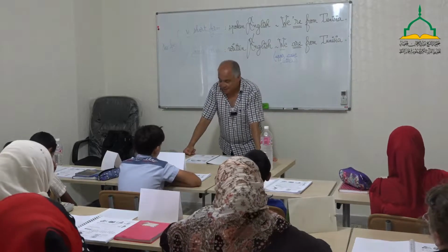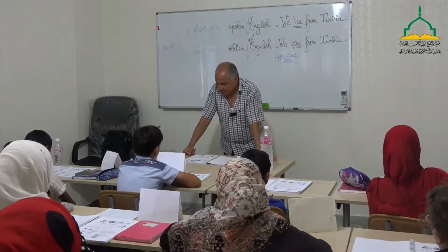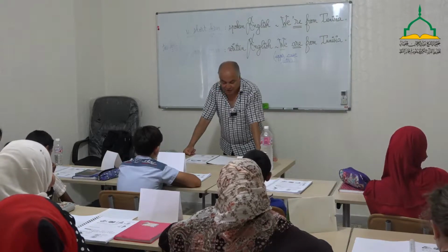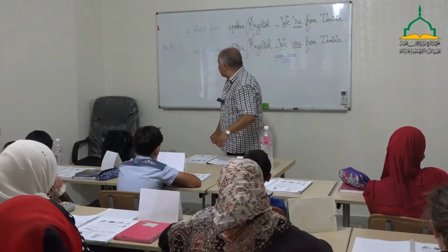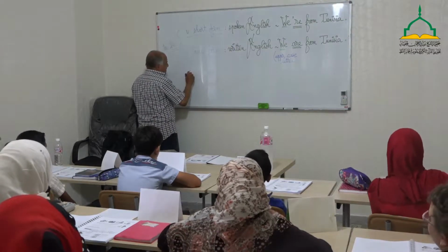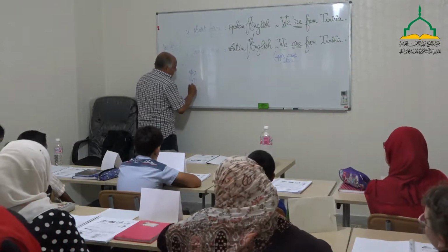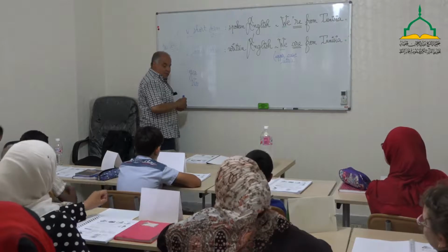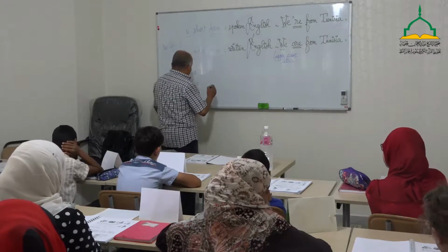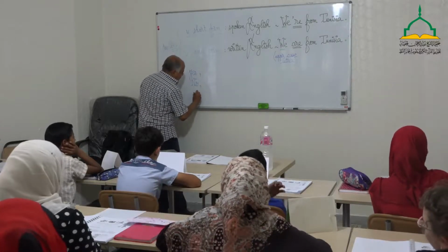Are they horses? So, here the noun is plural, of course. Are they horses? No, they aren't. They are dogs. So, another point that we spoke about last time is that yes or no are always followed by commas. After yes or no, we must put what we call a comma.